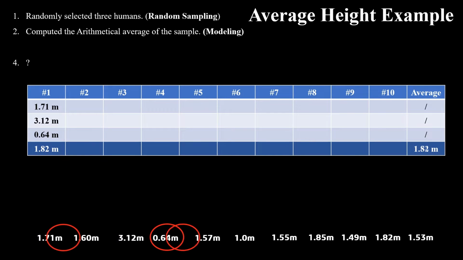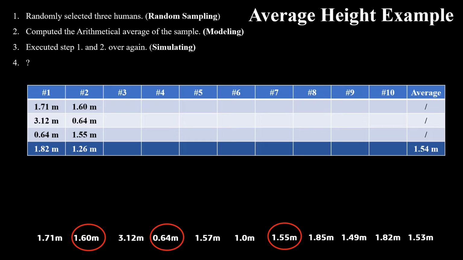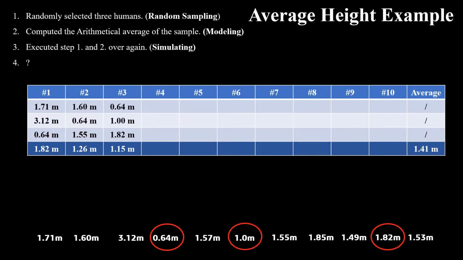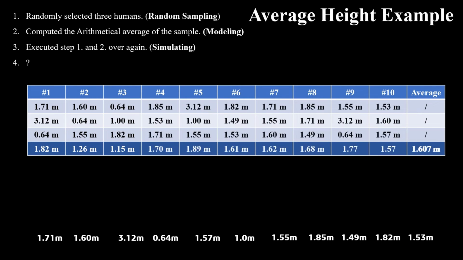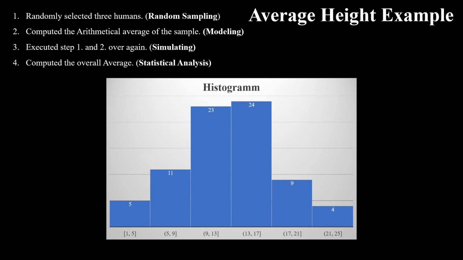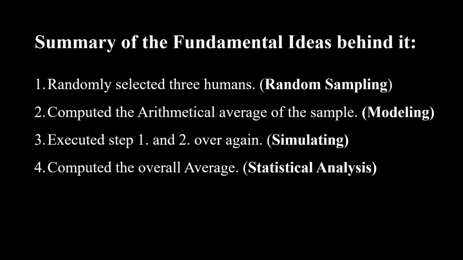We repeat this process many times, where each time we select 3 random humans and then compute the average. This is also known as simulation. And finally, we do a statistical analysis. In some cases, it takes the form of a probability distribution, where we display a histogram to see the results in terms of frequencies. Now let's try and solve this problem in Python. It will make things way more clear.